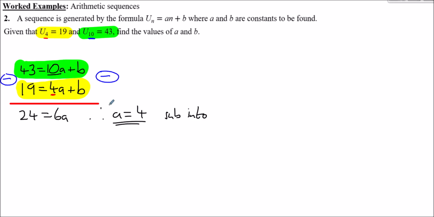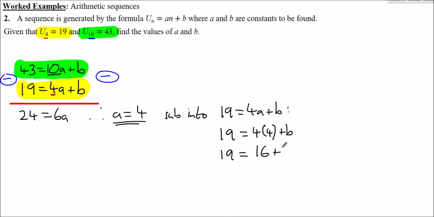So if we substitute this into whichever one you think, I'm going to go for 19 equals 4a plus b. We have 19 equals 4 times a, so that's now 4 times 4 plus b. So 19 equals 4 times 4 is 16 plus b. So therefore b is 19 take away 16, b is 3.